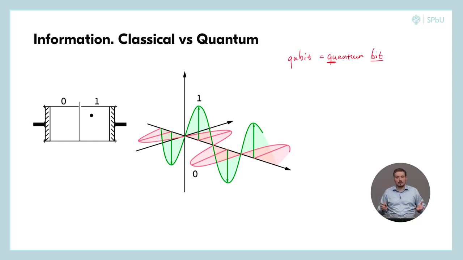The minimal unit of quantum information. And just as one bit describes the state of the simplest classical system, like the Szilard engine here, one qubit describes the state of the minimal quantum system.